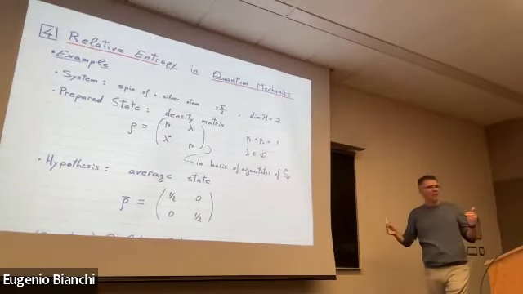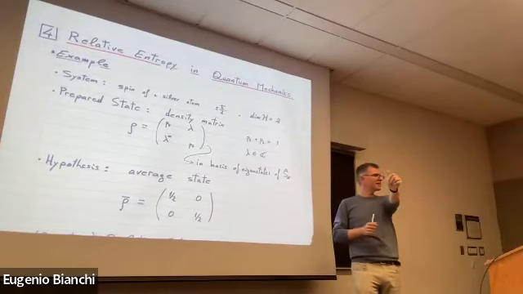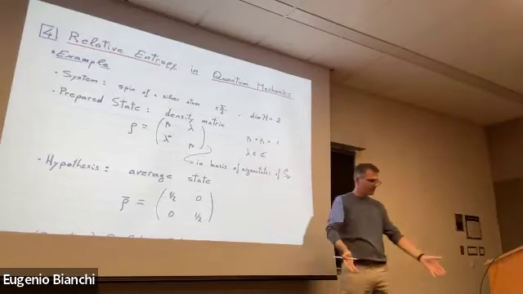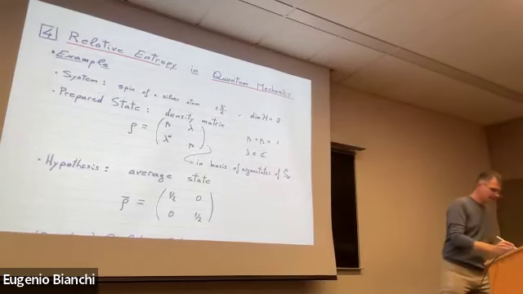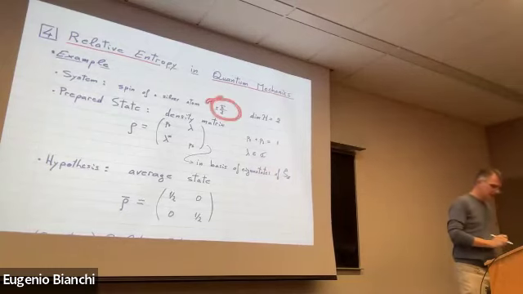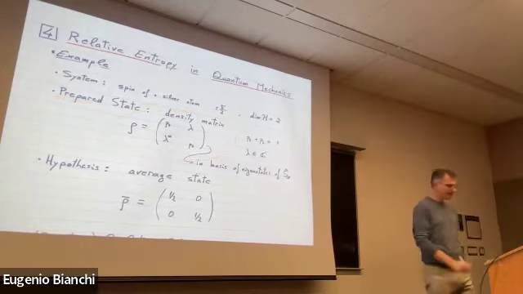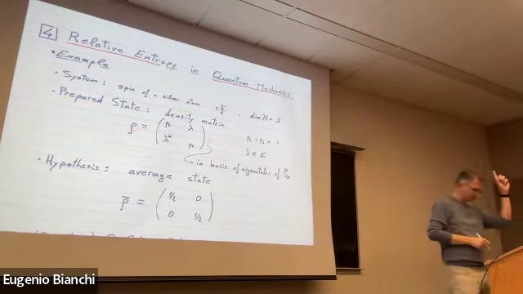So as a system, I'm going to take a spin 1/2 object. Let's say a silver atom, a neutral silver atom, the valence electron in 5s has a spin; you put it in a magnetic field, it splits, it can be up or down. I prepare the system in a state given by some density matrix, written in the basis of spin z in a magnetic field in this direction.